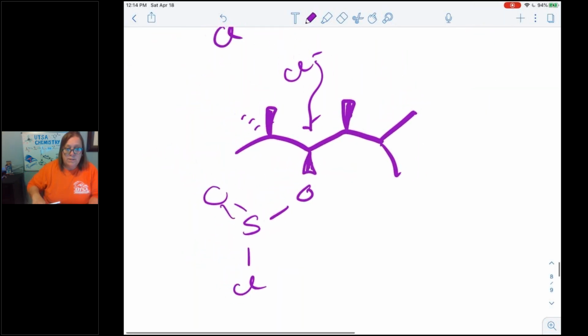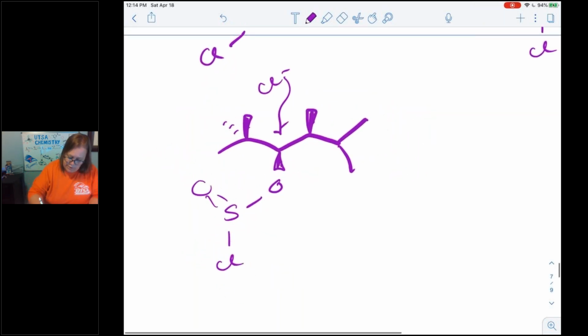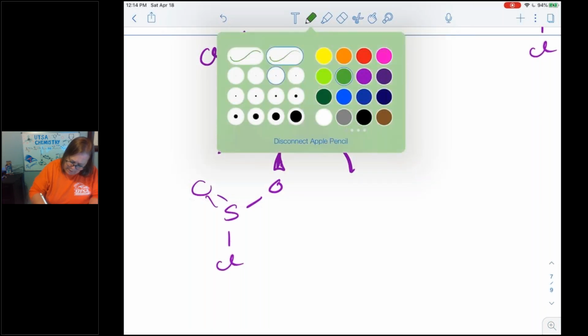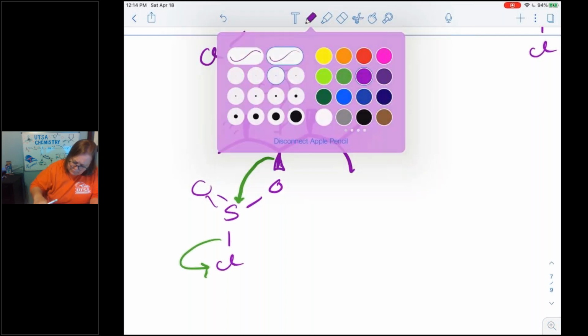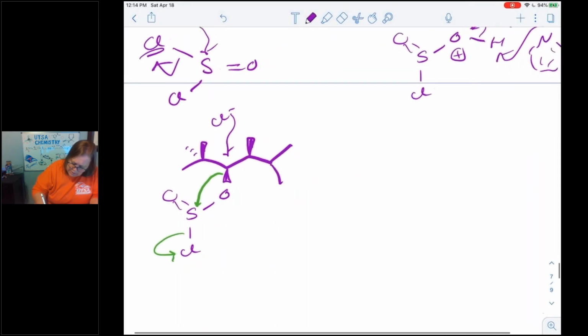I'm zooming this up because I want you guys to see my flow of electrons. This bond right here is going to break, and oxygen and sulfur will form a pi bond together. Chloride is kicked off. And so what I get here is still an SN2 reaction.